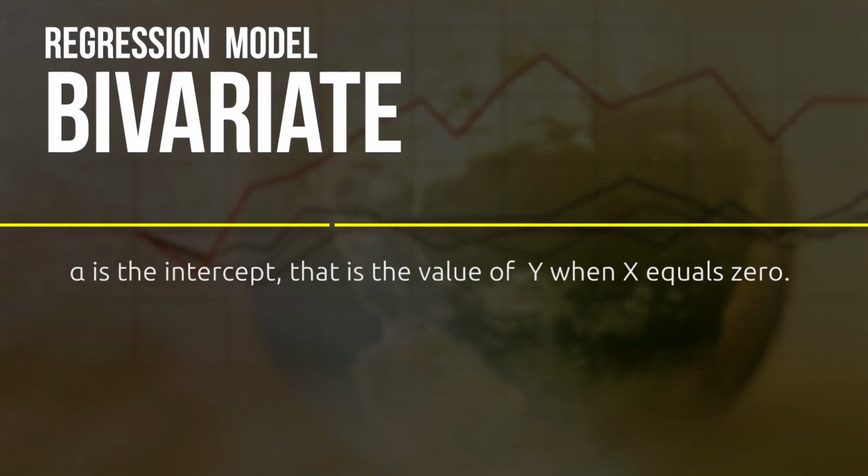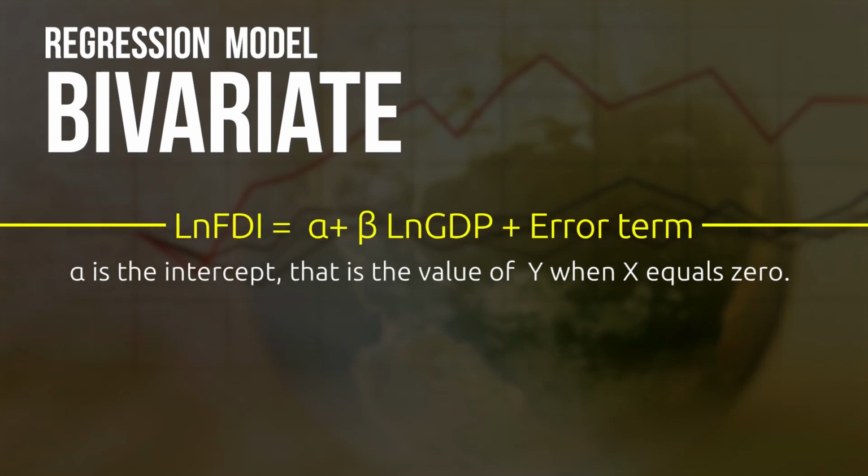If alpha is non-zero, then the value of y will be equal to alpha when x is 0. So it is a term which is autonomous, independent of all the other factors.